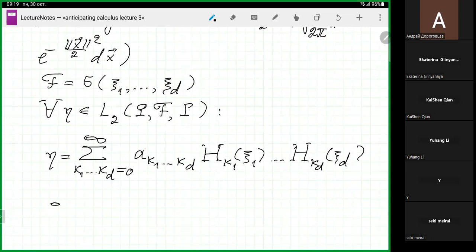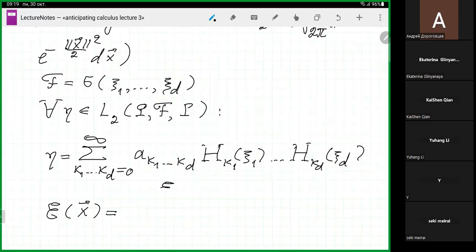Let us consider E of x, where x is a vector, keeping in mind the one-dimensional case.